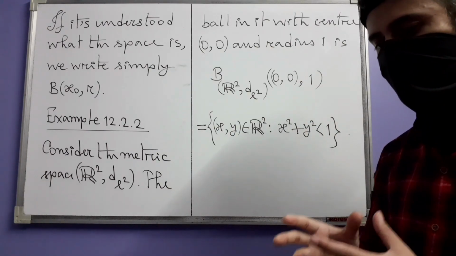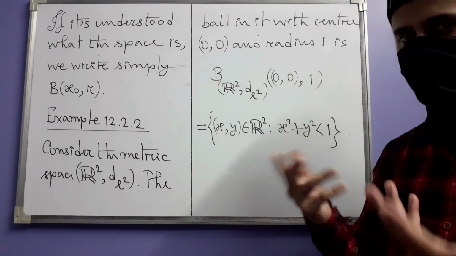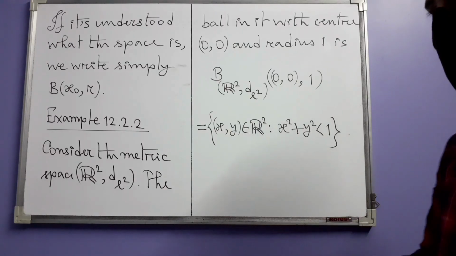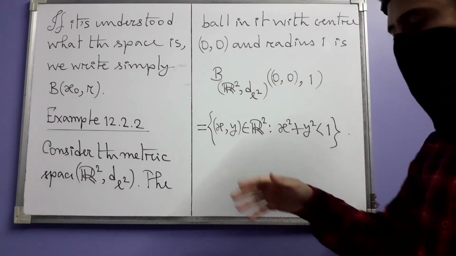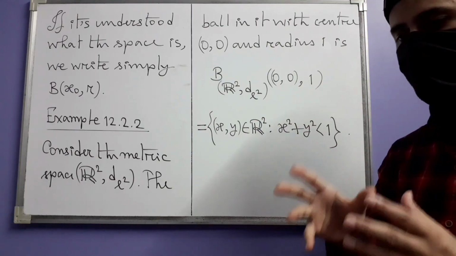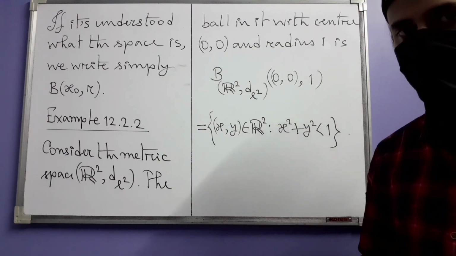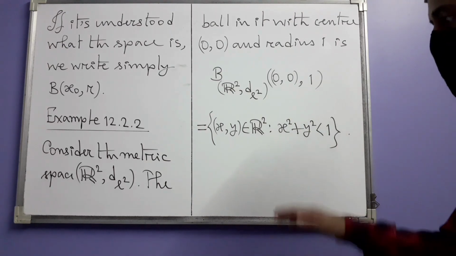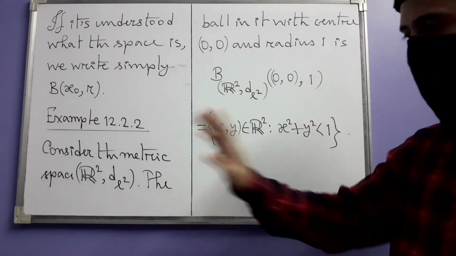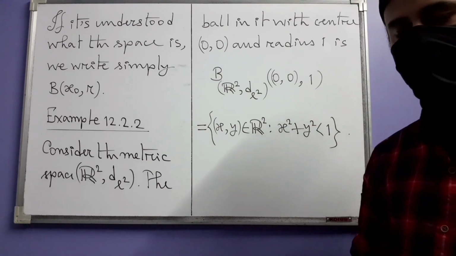So that means it's the interior, normally what you know as interior, the inside of your usual unit circle that you also consider when studying trigonometry. But we are going to consider other metrics on R2 as well. So let's see.